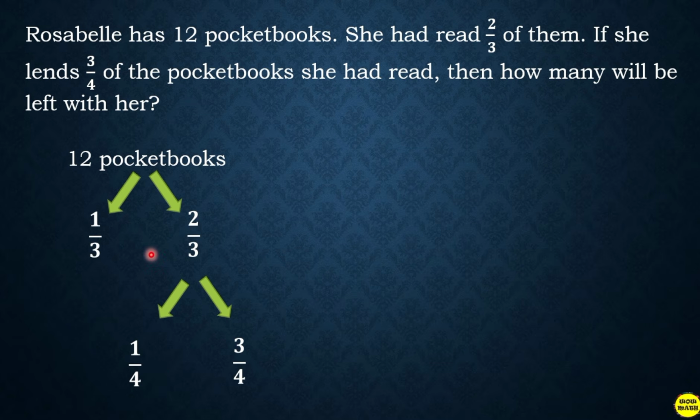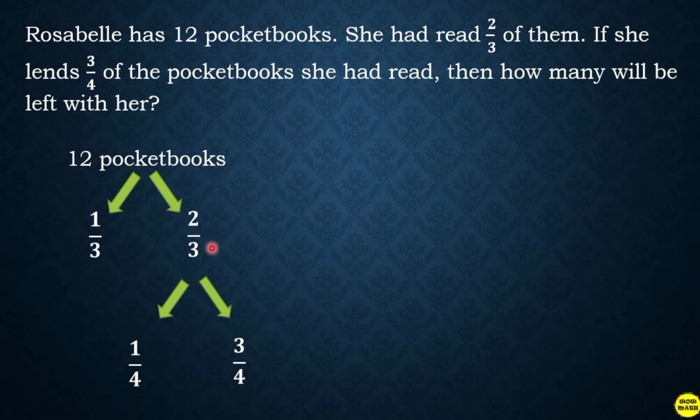Okay? So, ulitin ko, meron siyang 12 na pocketbooks. Yung 2/3 nabasa niya na, so meron pang 1/3 na hindi niya nababasa. Ma'am, wala naman po ito sa problem. Yes, wala po siya. But since given ito, yung 2/3, ibig sabihin 1/3 yung hindi niya pa nabasa. Okay? Lagi tayo mag-equals to 1 dyan. Kailangan mag-equal siya sa 12.